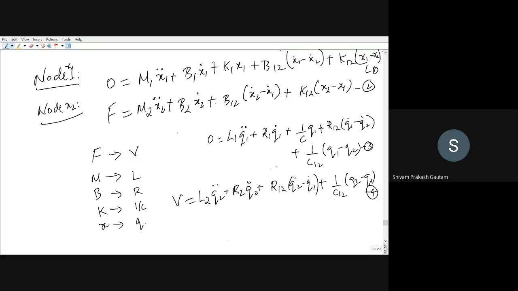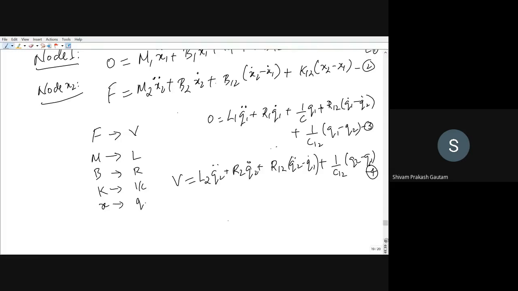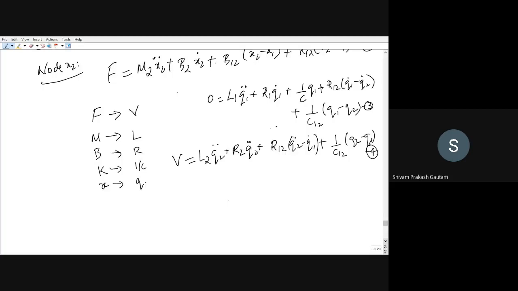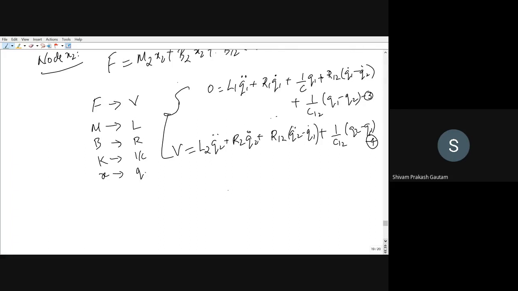Now we have written 2 equations, right? Can you draw an equivalent electrical network with these 2 equations? There are 2 charges, Q1 and Q2, so there will be 2 loops.